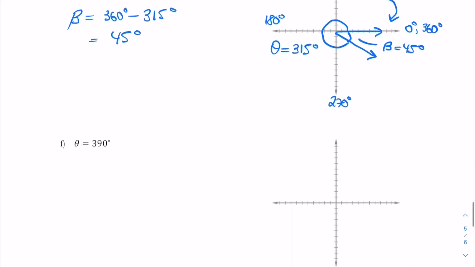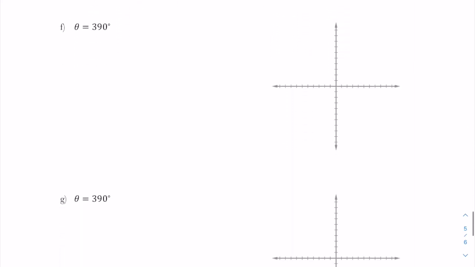All right, next up, 390. So let's label the picture. Because we have 390, we would have gone past the 360. So we rotate a full 360 degrees counterclockwise plus whatever's left over. In this case, the leftover is 30 degrees.